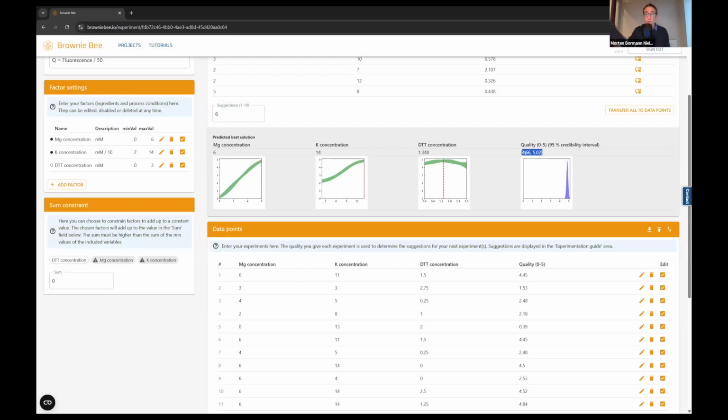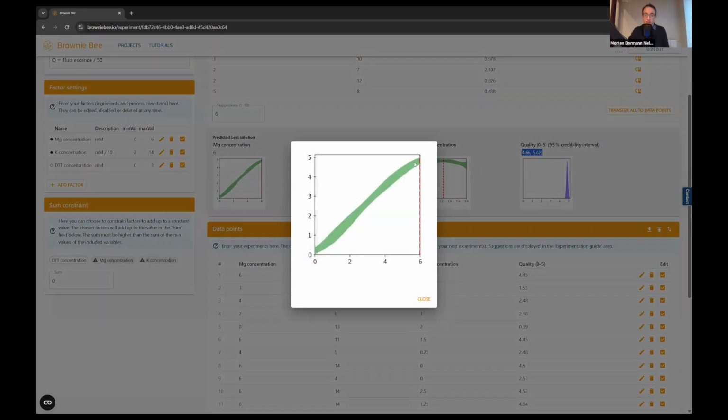If you know from experience that this is a relatively realistic amount of noise for this type of measurement, then you can trust your model to this degree. The way that we plot quality here in Brownie B includes measurement uncertainty. So this band really represents where new data is going to land 95% of the time.